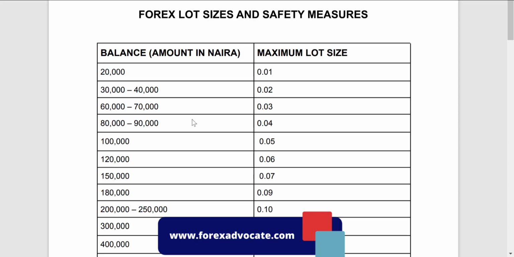I will stop here with the first video, the introductory video. The second video is Forex Trading for All. This is the third video, which is Trade Forex Now, and this is the fourth video, which is Forex Safety: Lot Size and Safety Measures. So with these four videos, including the introductory video, you are good to go.